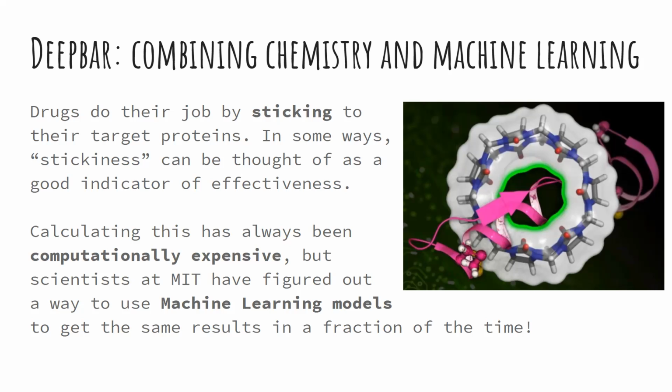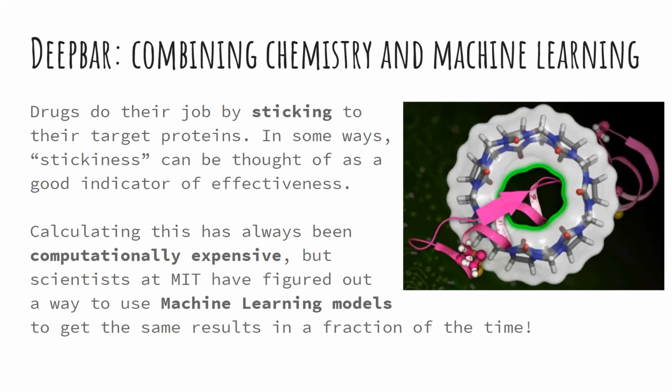What this basically does is these drugs are sticking to their target proteins. In some ways, the stickiness can be thought of as a good indicator of effectiveness. To calculate this stickiness computationally is really expensive.